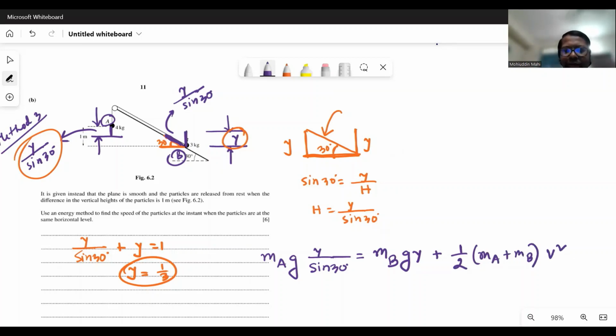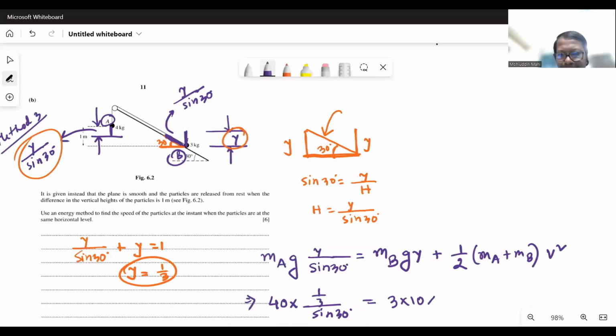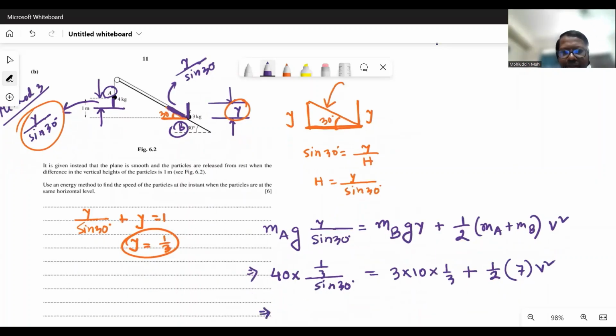So from here we can find the value of v. If you make v the subject, it is going to be 2.18 meters per second. So this is method 3.